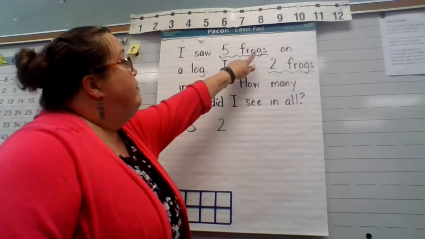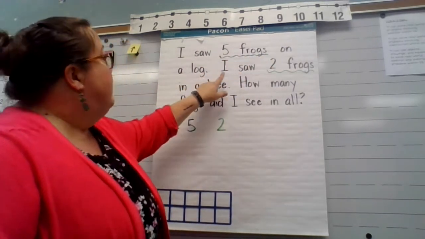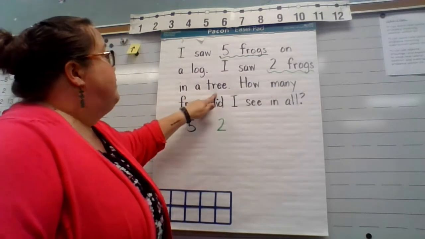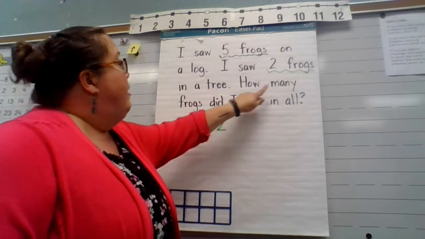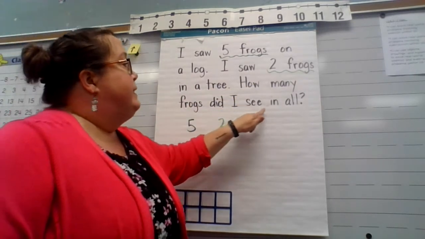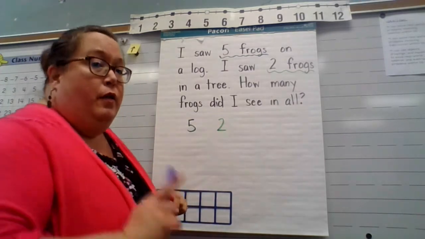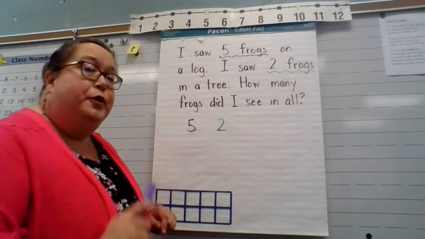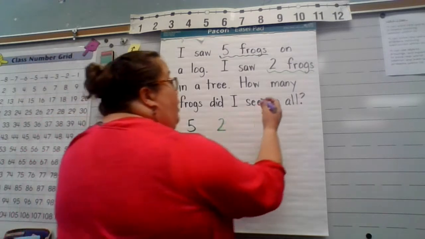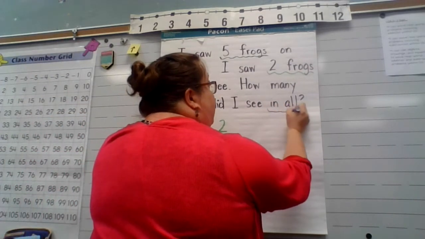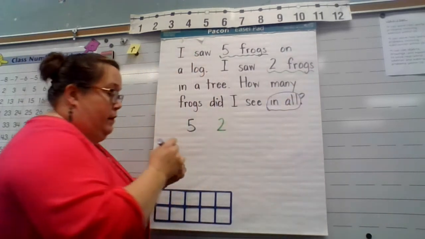I saw 5 frogs on a log. I saw 2 frogs in a tree. How many frogs did I see in all? Those words right there are super important. In all.